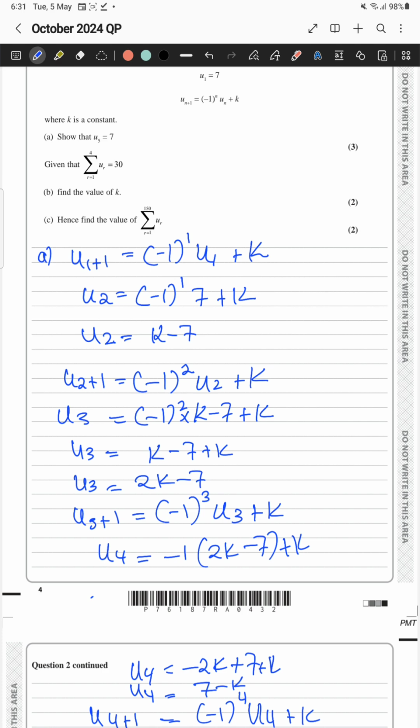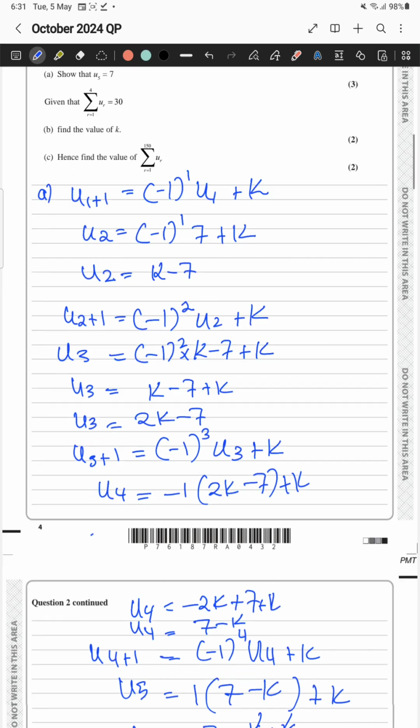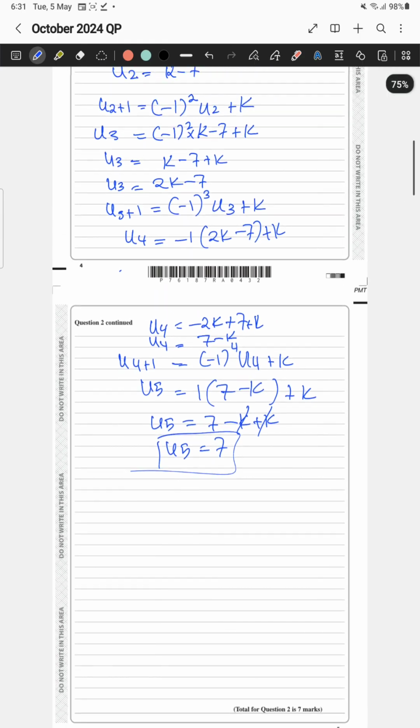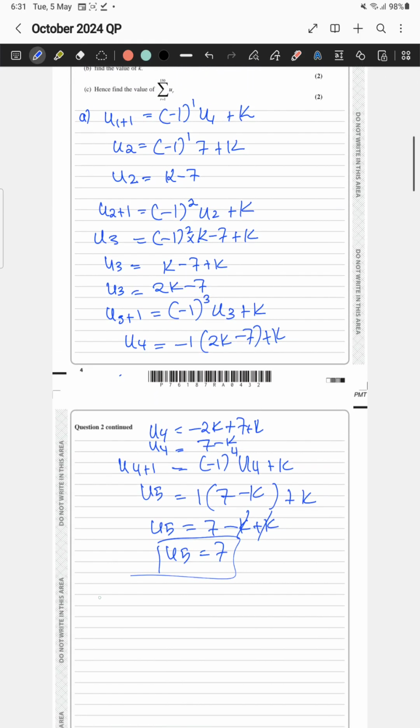Given that the summation for r is 1 is equal to 30, find the value of k. Now in order to determine the value of k, we don't know if the sequence is arithmetic or geometric, so we cannot use any summation formula.